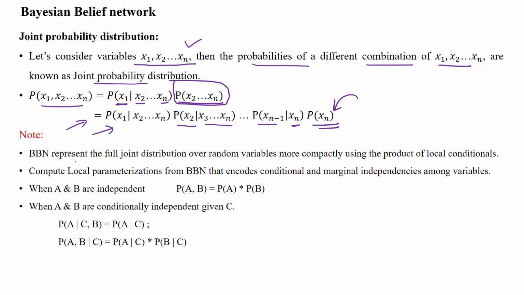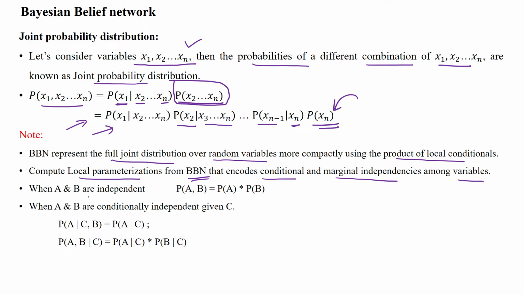Here the BBN represents the full joint distribution over random variables more compactly using the product of local conditionals, and computes the local parameterizations using a Bayesian belief network that encodes conditional and marginal independencies among the given features.